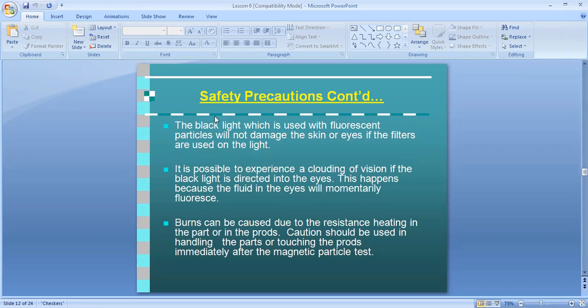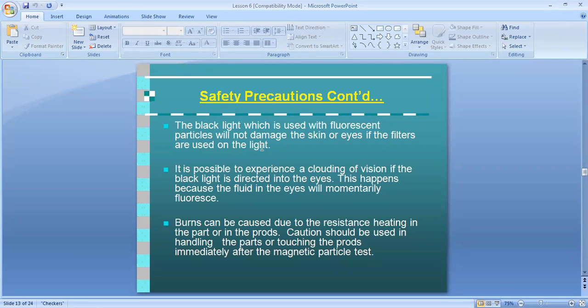Safety precaution: the black light which is used with fluorescent particle will not damage the skin or eye if the filter is used on the light. So this is a very important clause again here. The black light means ultraviolet light, and when we are using this ultraviolet light in fluorescent magnetic particle testing, we need to take care of the filter.